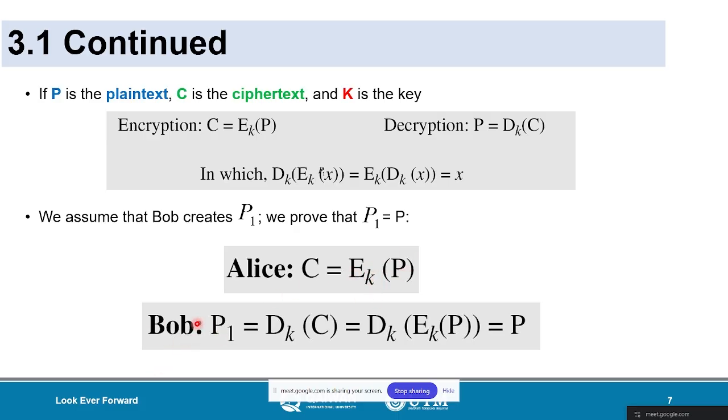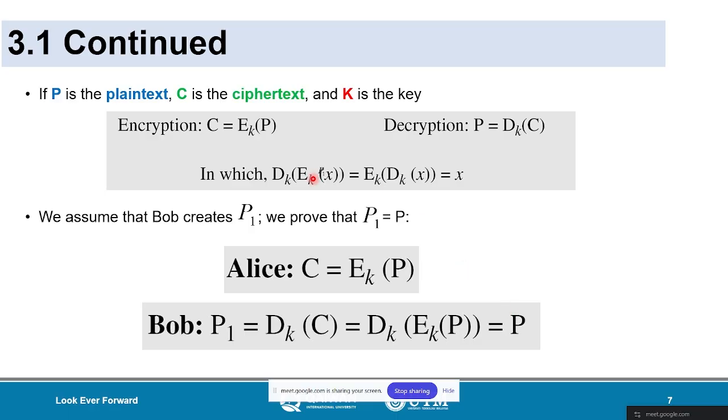Now Bob: P1 is equal to decryption of the ciphertext using the same key, which equals decryption of the encrypted plain text using the same key, and it would be equal to the plain text.